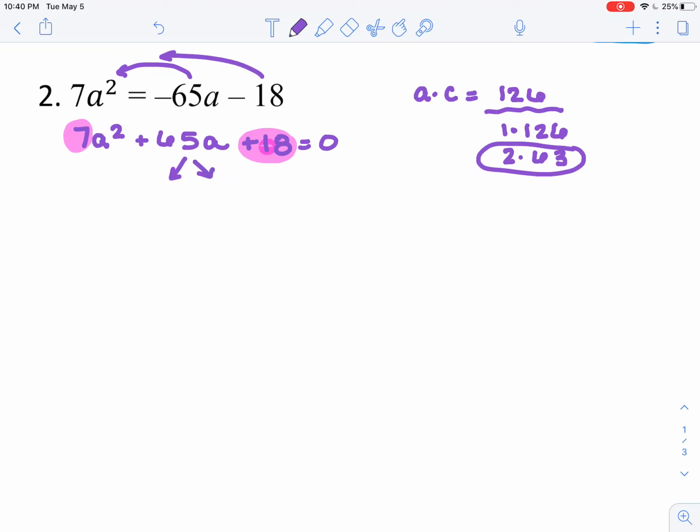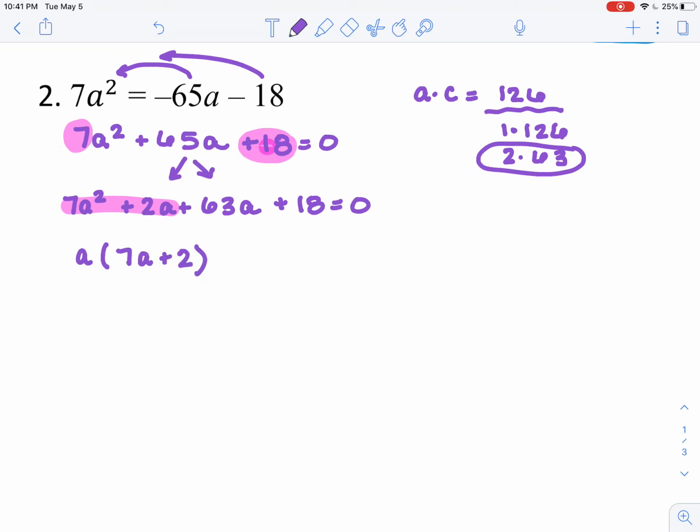We use those factors to rewrite the middle term. So we have 7a squared plus 2a plus 63a plus 18 equals 0. Now we do our factor by grouping. The first two terms have a GCF of just a. When I factor out that a, I'm left with 7a plus 2.